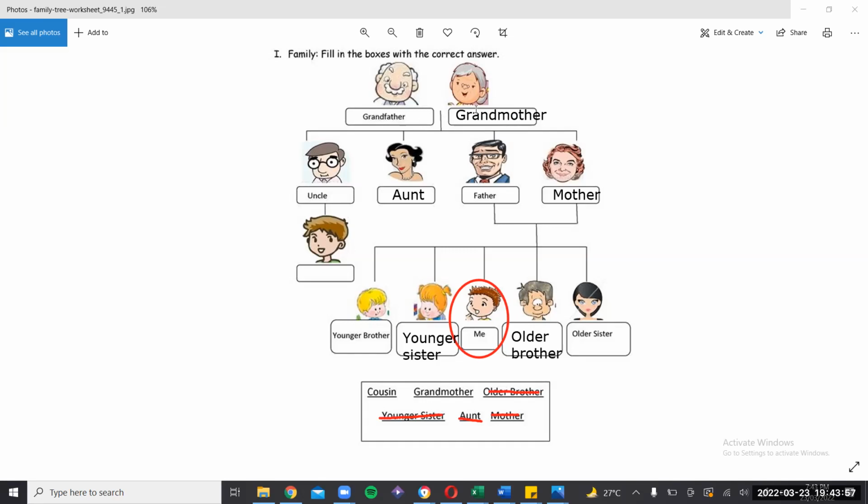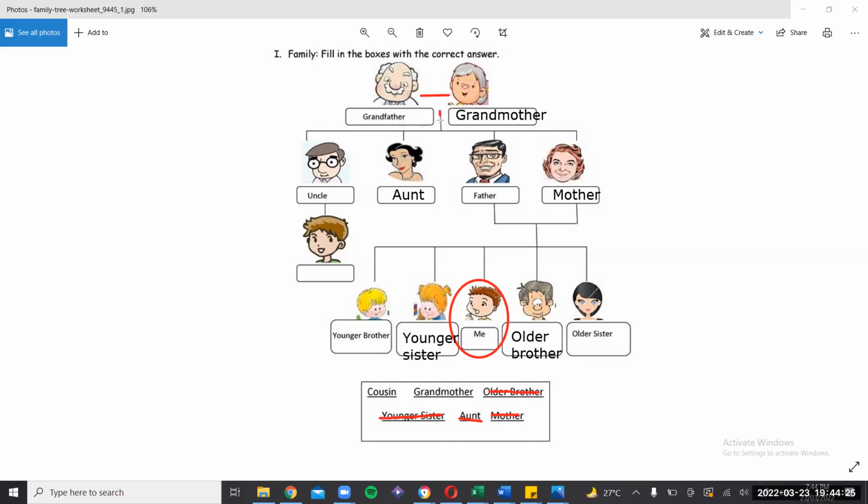So they're married. It's not all the time you're going to see the line between, right? Sometimes the lines will be a bit different. So you have to kind of figure it out because no matter if there is a line between, or if we don't have the line between them, it will have a line going down.